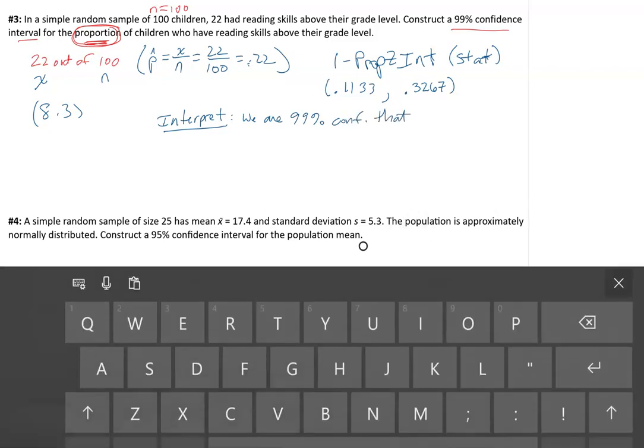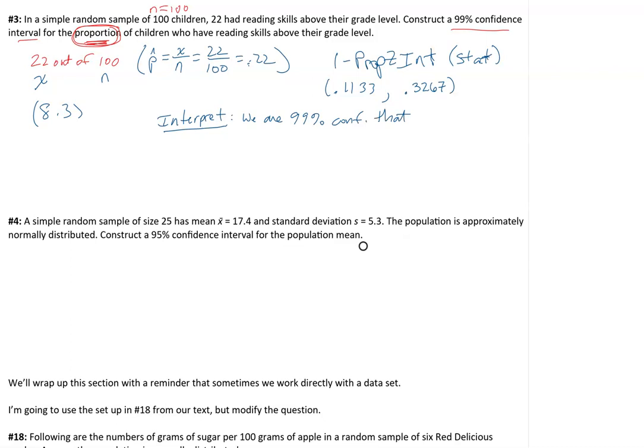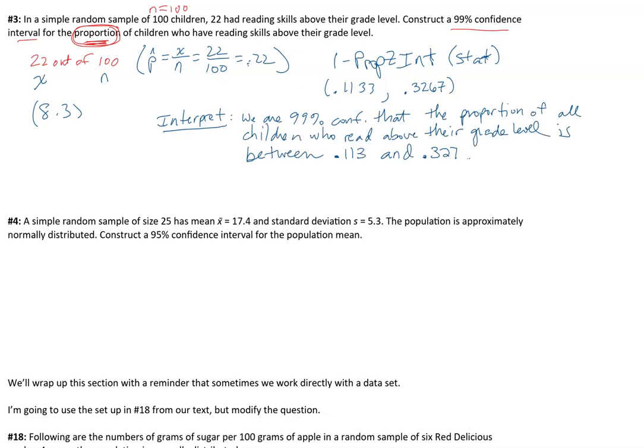Always start your interpretations that way. We are 99% confident that the proportion of children who have reading skills above their grade level, it takes a while to write that out, so I'm going to pause and write that out. So you can see I've paraphrased just a little bit, but I said, we are 99% confident that the proportion of all children who read above their grade level is between 0.113 and 0.327.